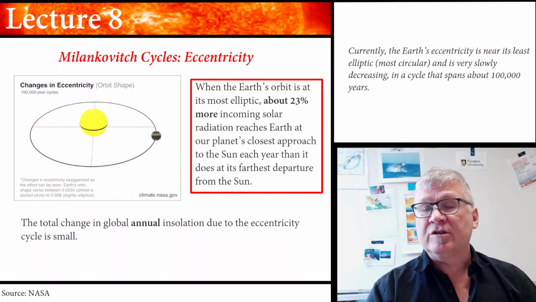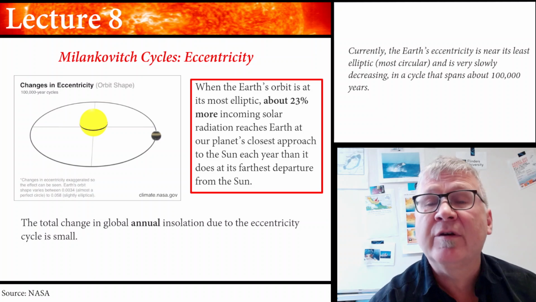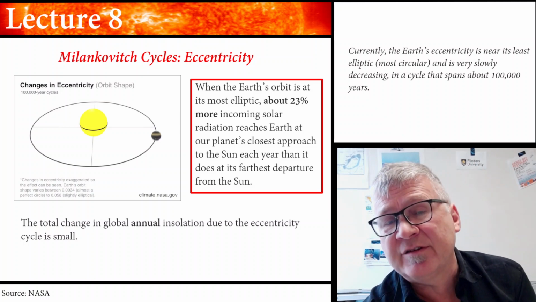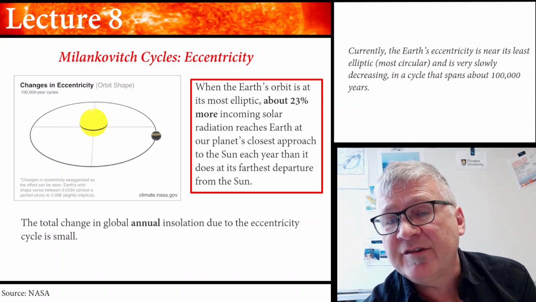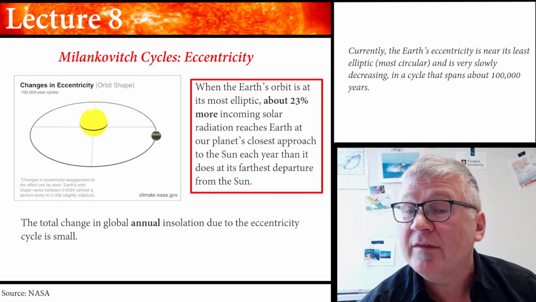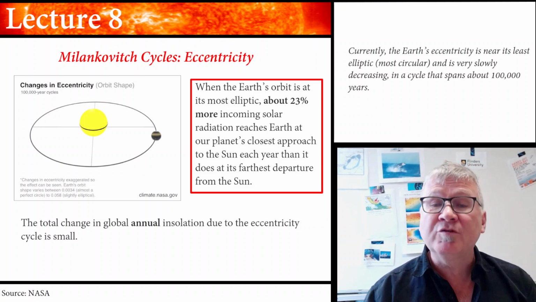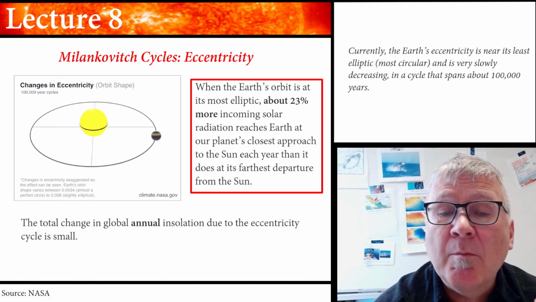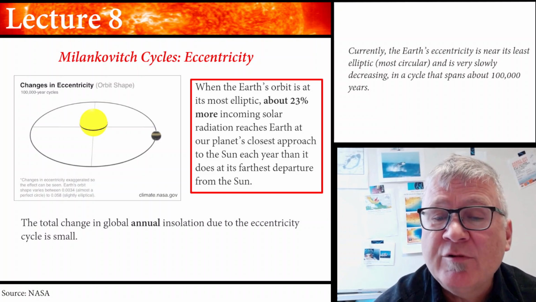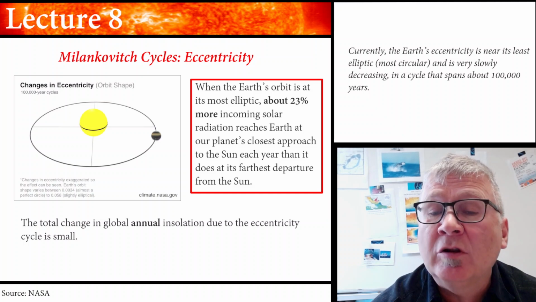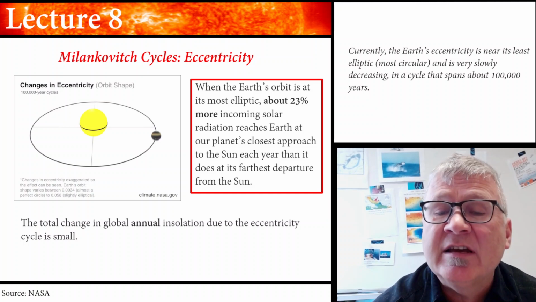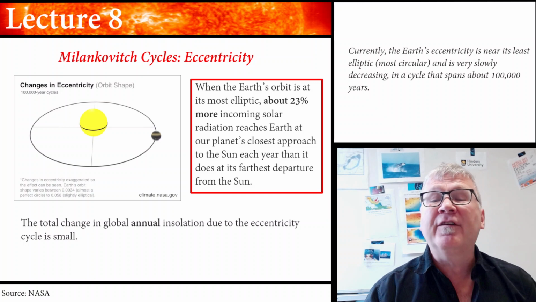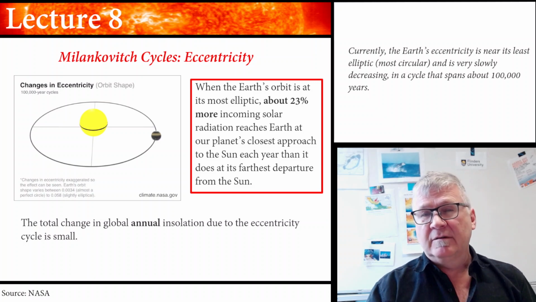And with your knowledge about the solar radiation, you can see that if the distance changes, the solar radiation changes. So when the Earth's orbit is at its most elliptic, about 23% more incoming solar radiation reaches Earth at our planet's closest approach to the Sun each year than it does at its farthest departure from the Sun.